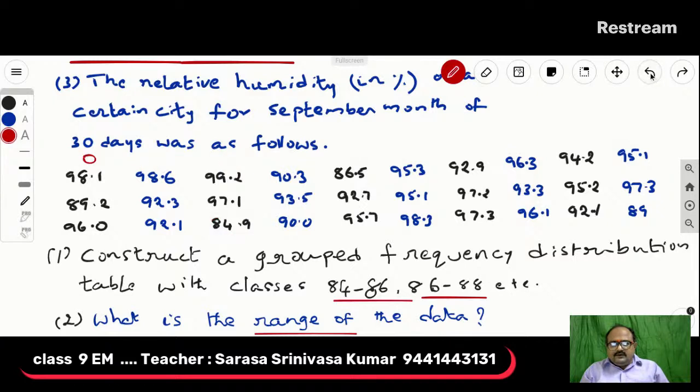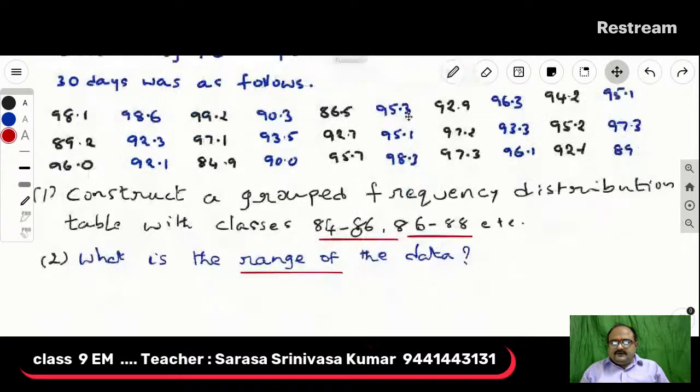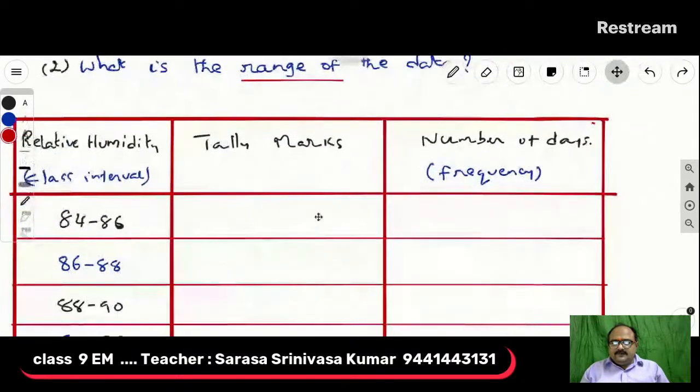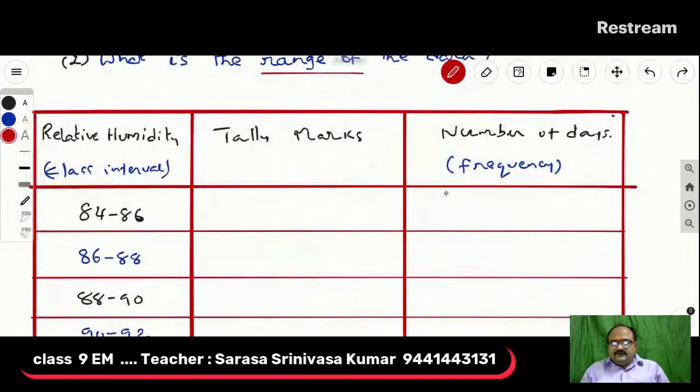Only one observation is found, 84.9. So the frequency of this class interval is 1. We write the tally mark here, 1.